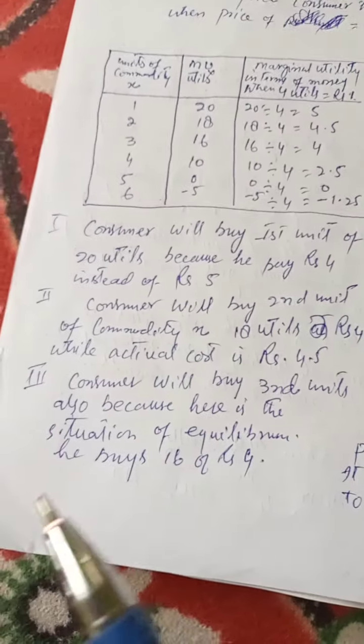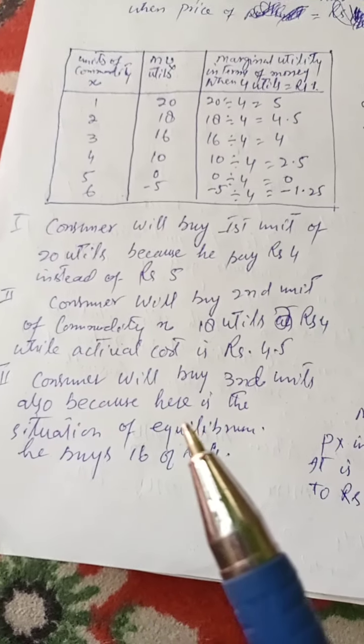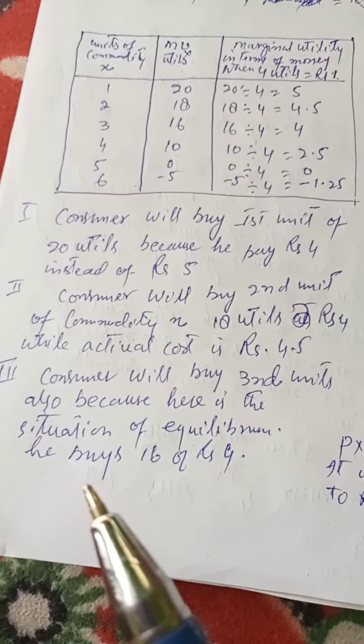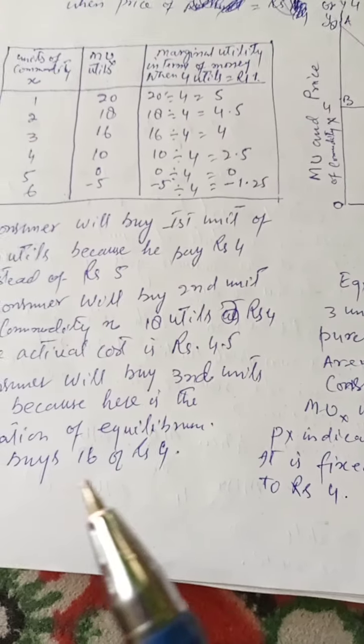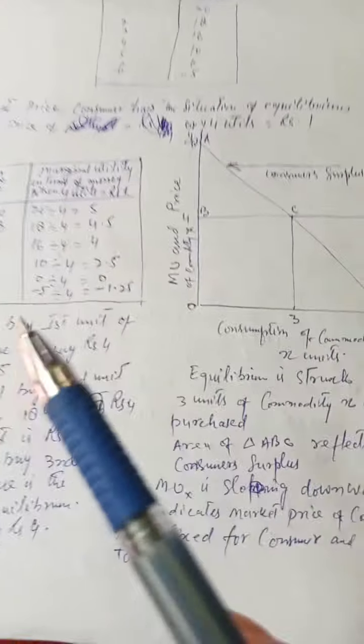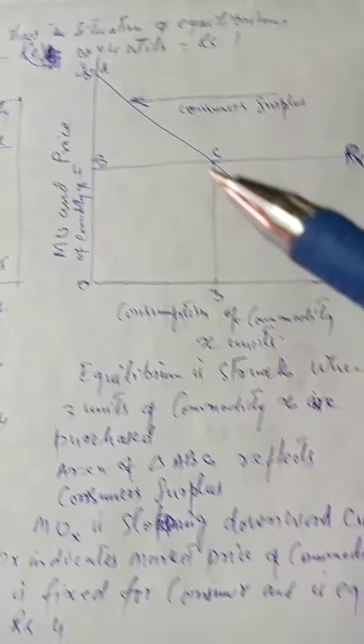The consumer will buy the third unit also because here is the situation of equilibrium. He buys 16 utilities for rupees 4. So here it is equilibrium. Now here it is the diagram.